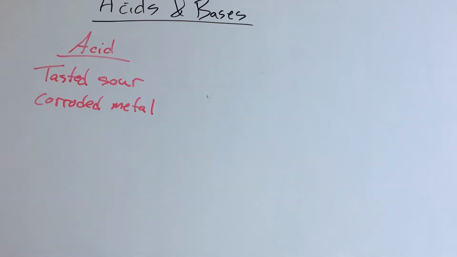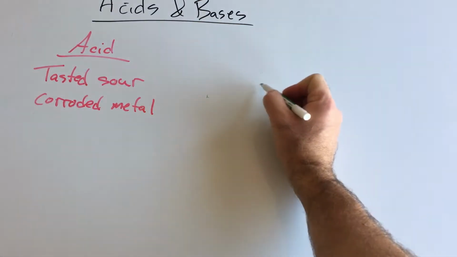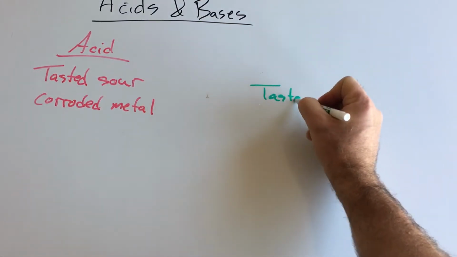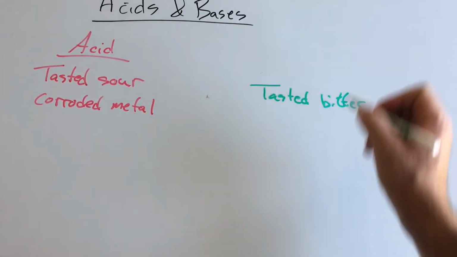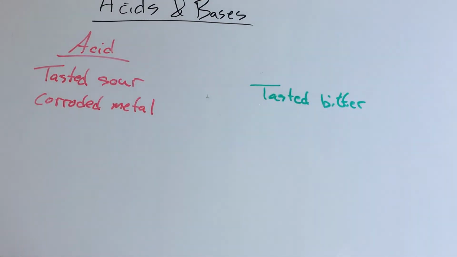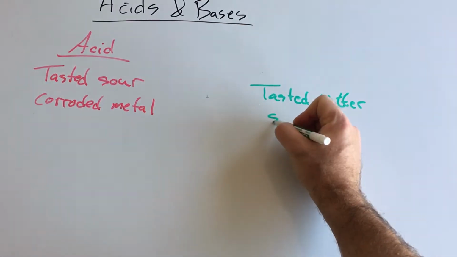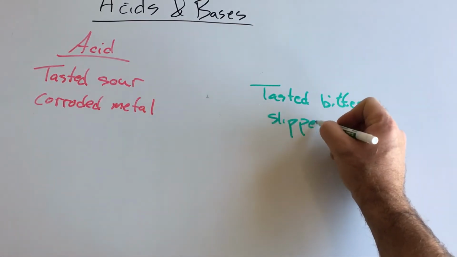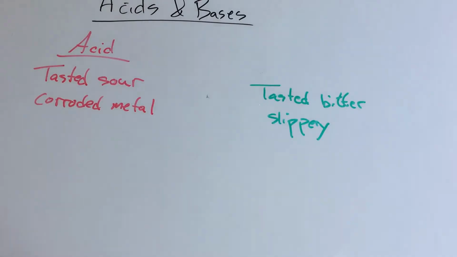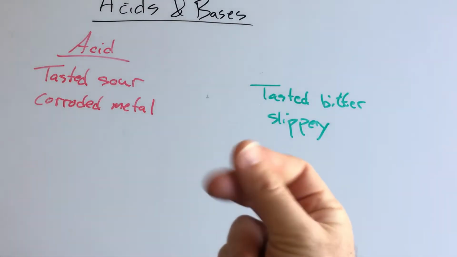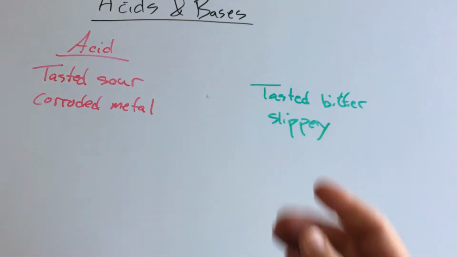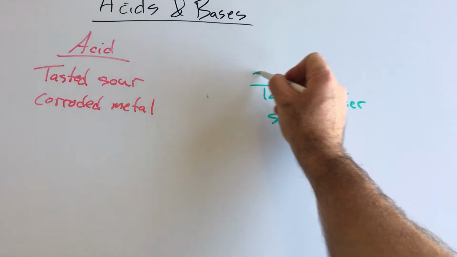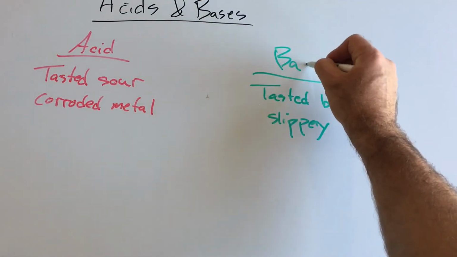And there's a whole other substance that didn't taste sour. It tasted bitter, much like me. So bitter. And we noticed they're kind of slippery. And when I say slippery, I mean like liquid soap slippery, as in you put it on your hands and it's kind of still on your hand, like butter. It's kind of hard to get off. And we said, hey, we're going to call those bases.